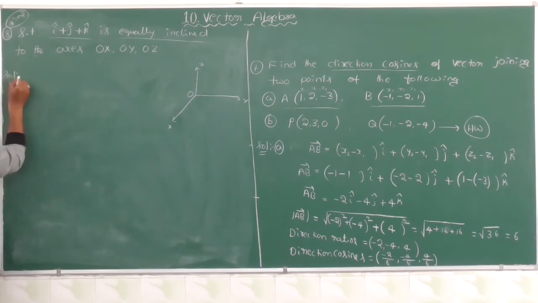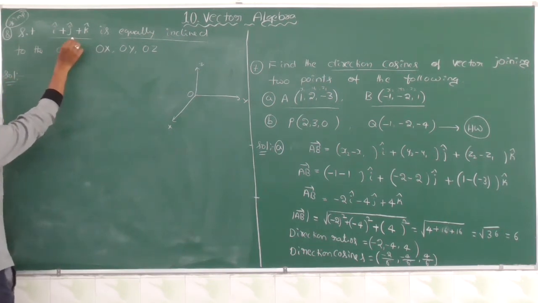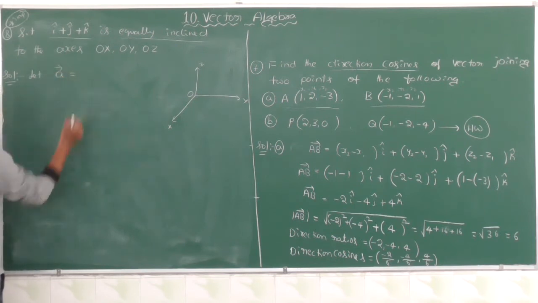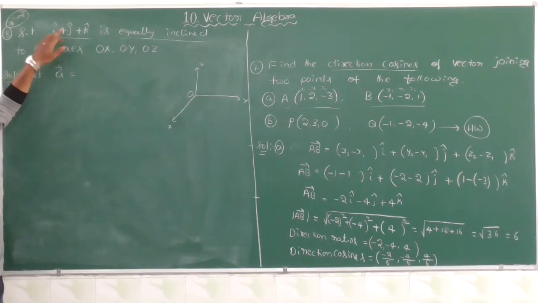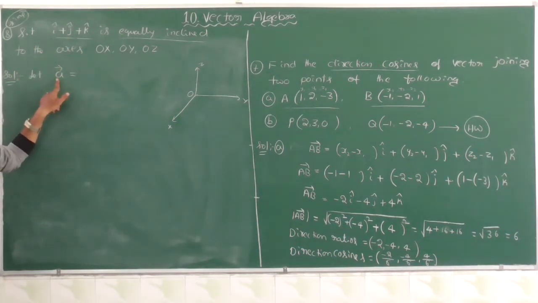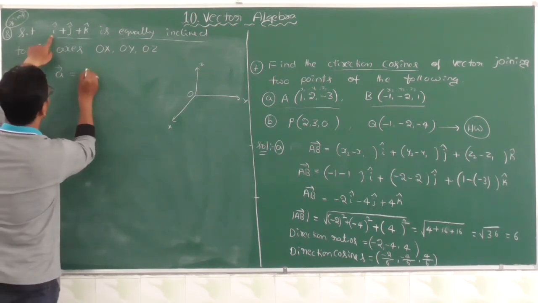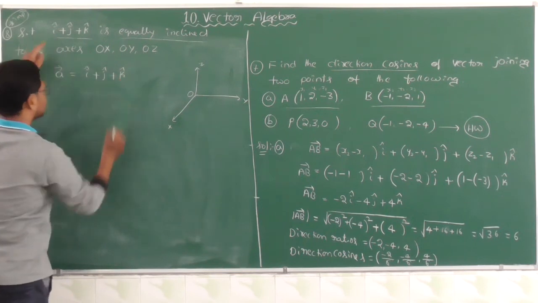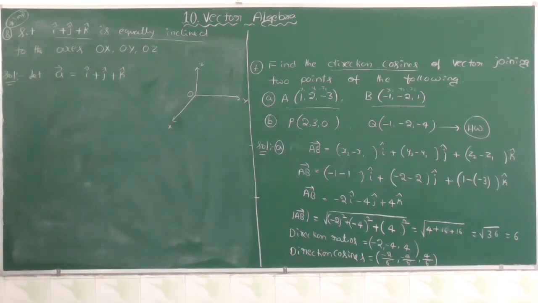Solution. We have one vector. Let us consider that vector is a vector. This a vector is not mentioned in the problem. If the vector is given like this, I will take it as a vector. A vector equals i cap plus j cap plus k cap.